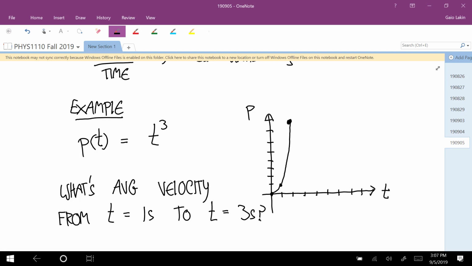I should have, let's do it from 0, sorry. Let's do it from 0 to 2, just so we can look at it on the graph.